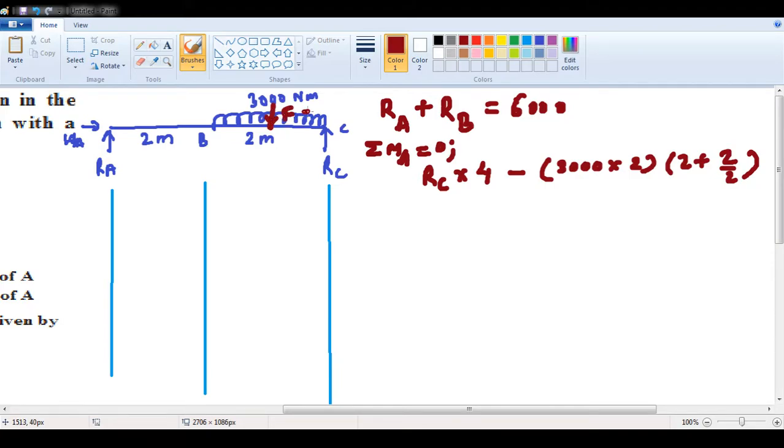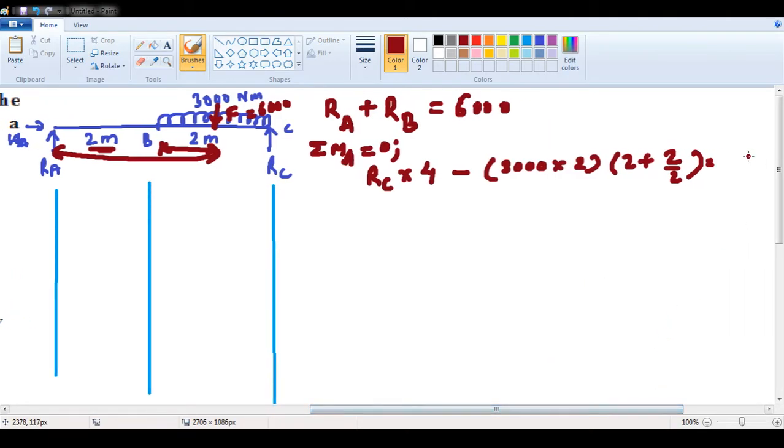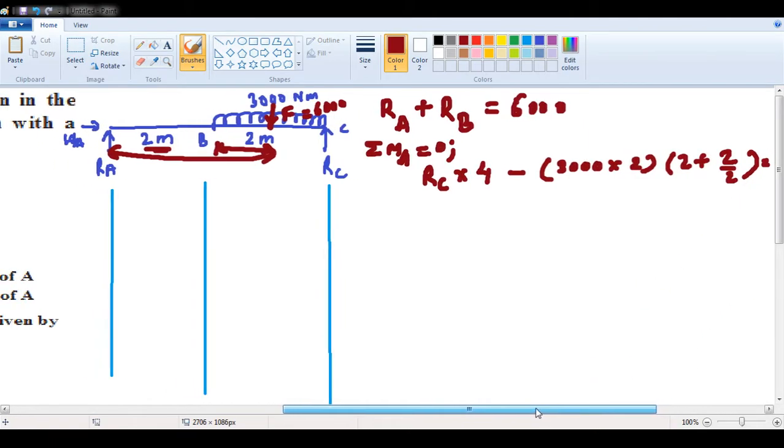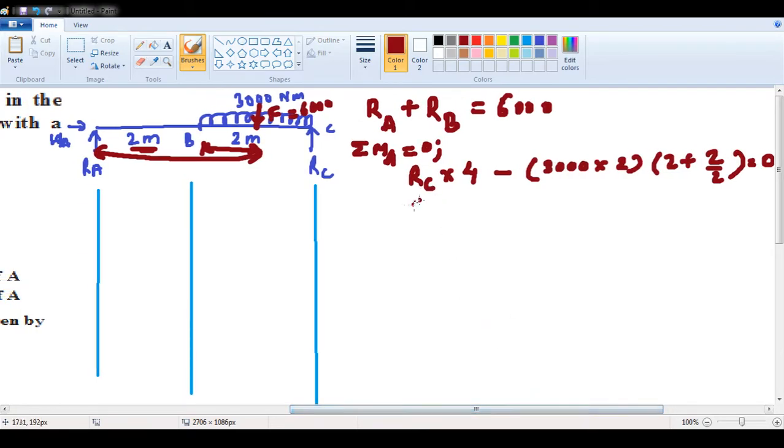So this is the force, 3000 into 2, that is 6000, which will be falling at a distance of 2 plus this part, which is 2 by 2, that is 1. So when this is equal to 0 and we solve this, we get the value of RC as 4500 Newtons.